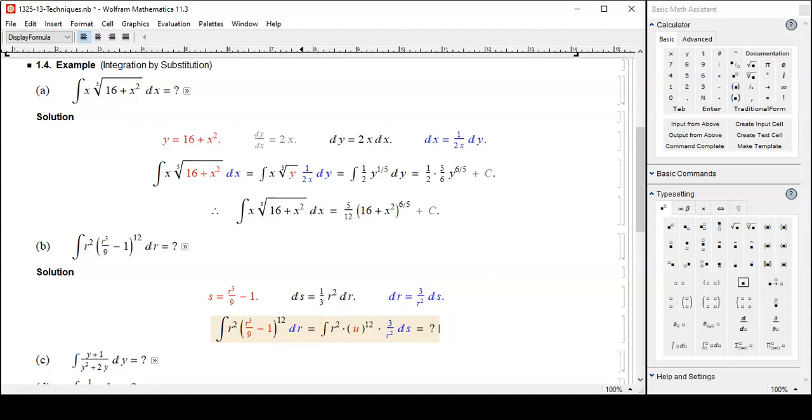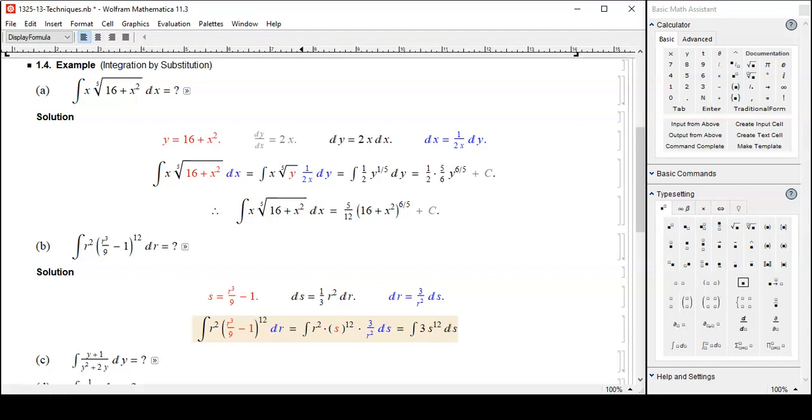And then do you see a simplification? After all, the purpose of all this is to get a simple integral. Indeed, you must have seen that r squared here and r squared down there are canceling each other out. So 3 s to the 12th power ds.